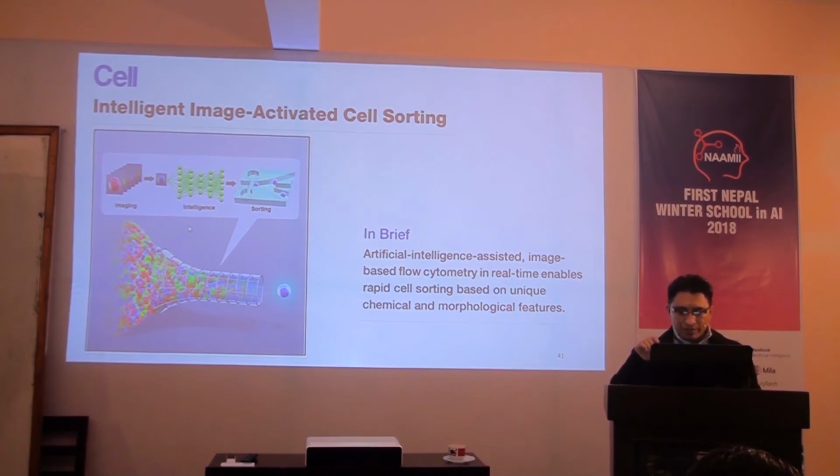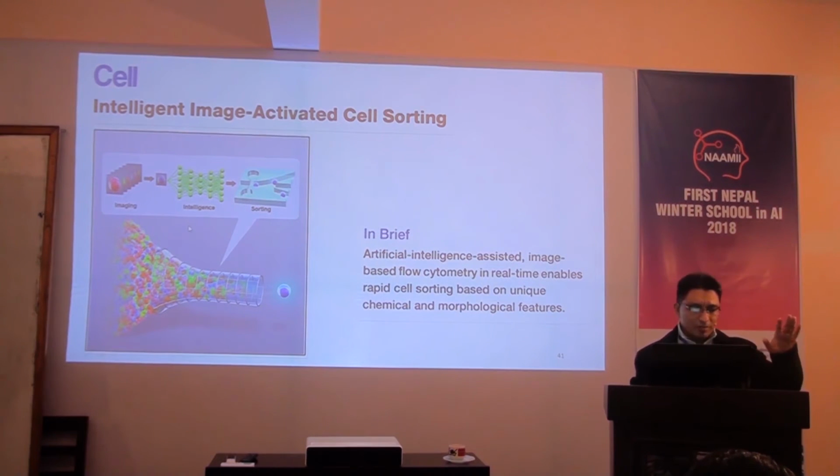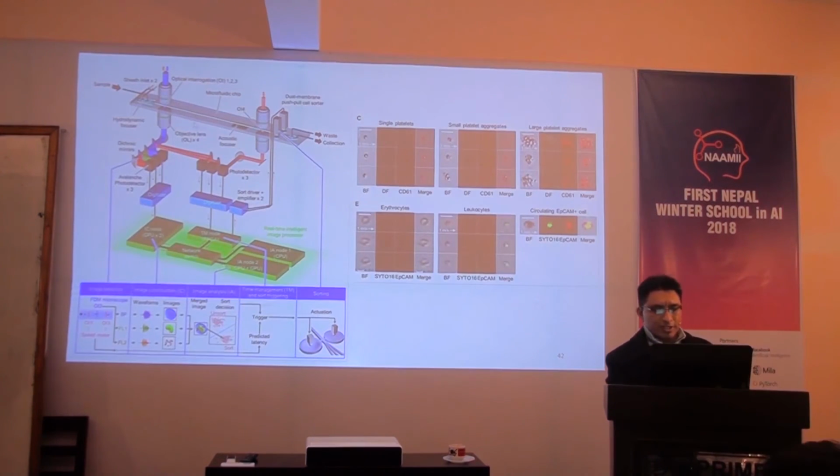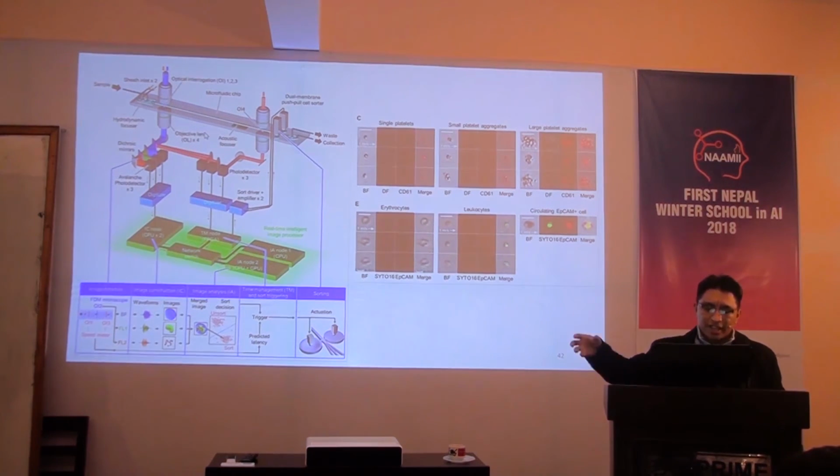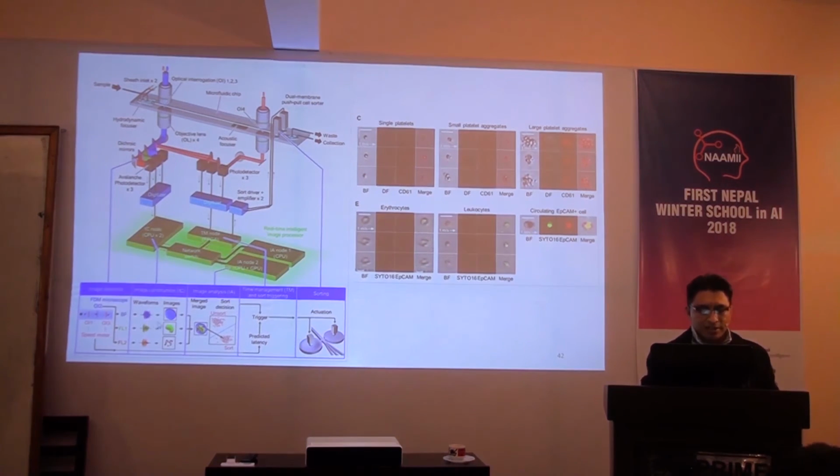So based on machine vision, that's like looking at the microscope and taking the image of individual cells, they photographed individual cells and represented the individual images in the form of some kind of visual information.